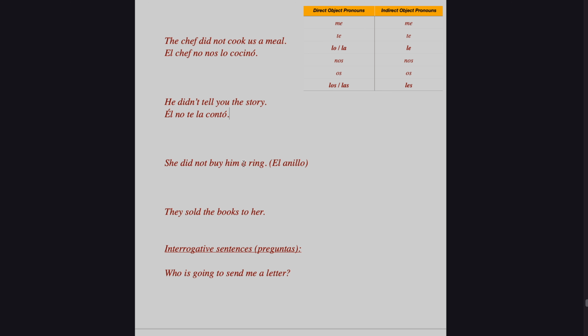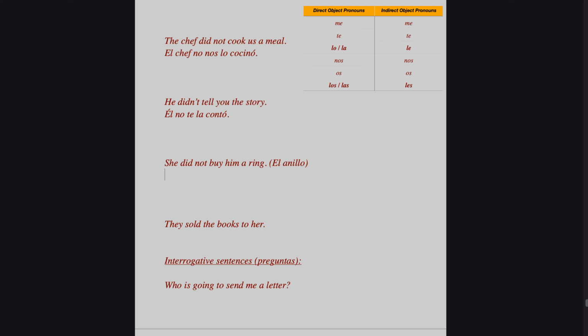Next one. She did not buy him a ring. "Ella no se lo compró." This time I have directly written "se" instead of "le," because again that "le lo" is not accepted. So that "le" is converted into "se."